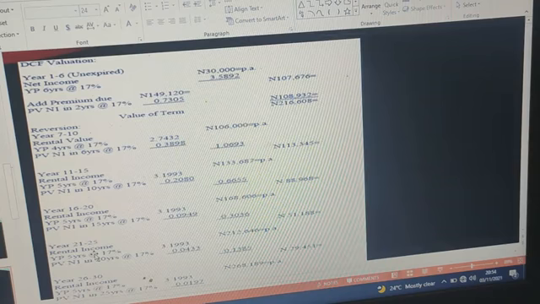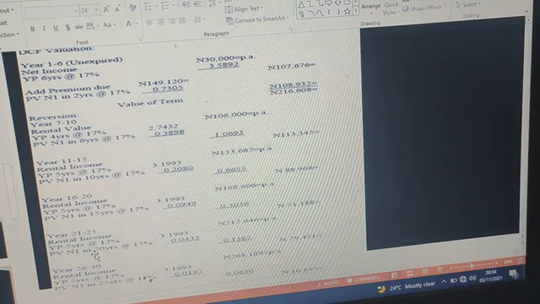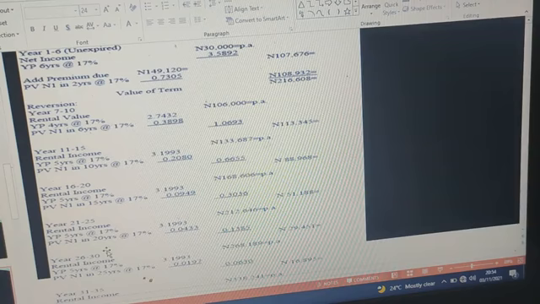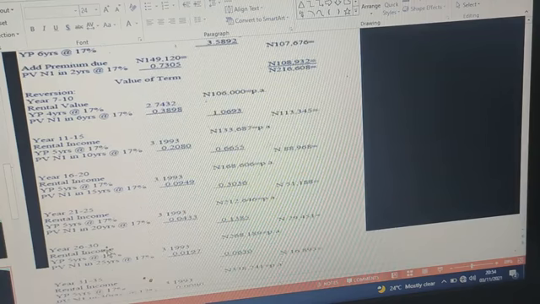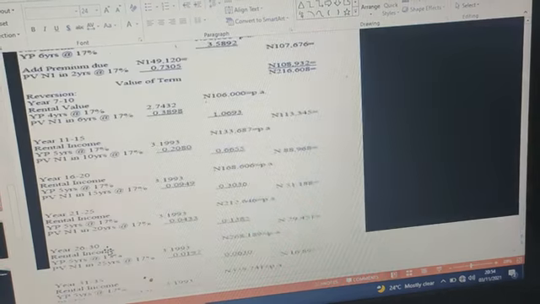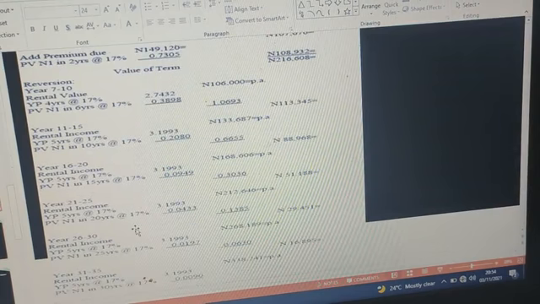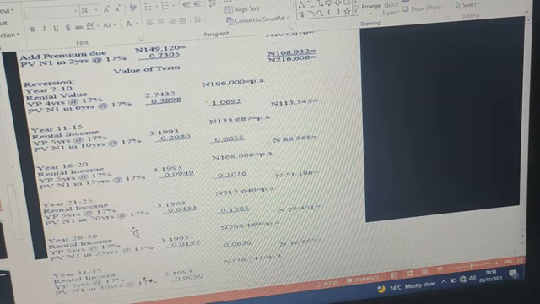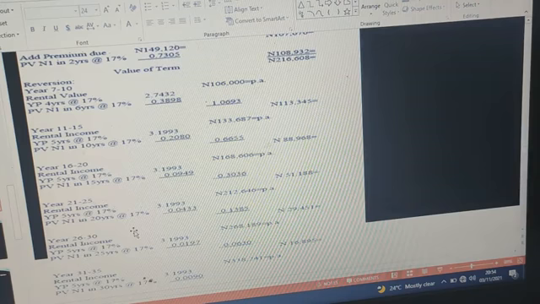N29,451 equals. Year 26 to 30. Rental income N268,189 equals P.A. YP 5 years at 17%, 3.1993. PV N1 in 25 years at 17%, 0.0197. 0.0630. And N16,895 equals.